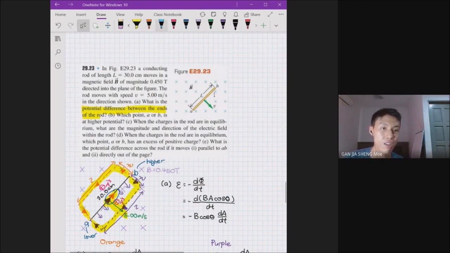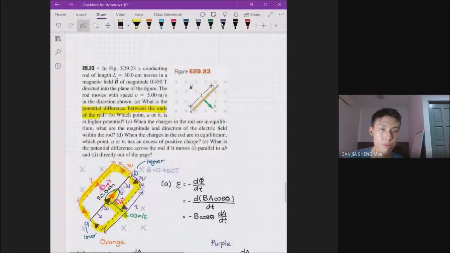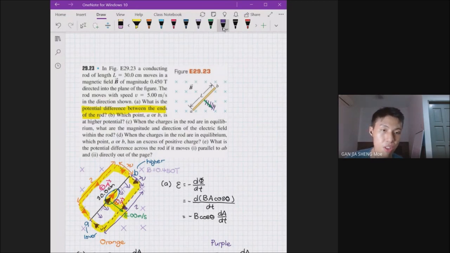So what they are saying is, if you don't want the rod to be moving perpendicular to the length of the rod, you want the rod to be moving parallel to AB, so moving in this direction maybe. Or if you want the rod to be moving in or out of the page, so let's say you're moving in this direction, what will be the potential difference?